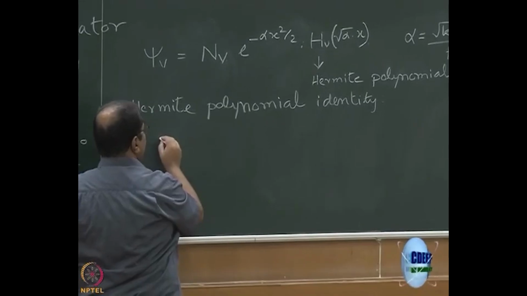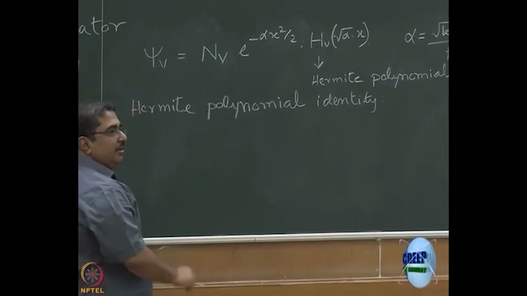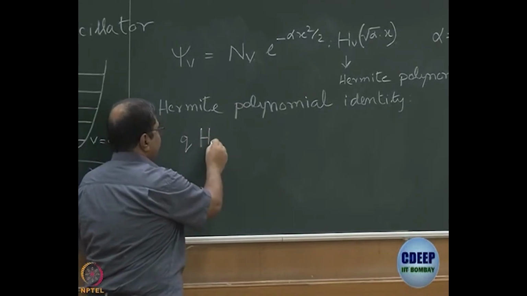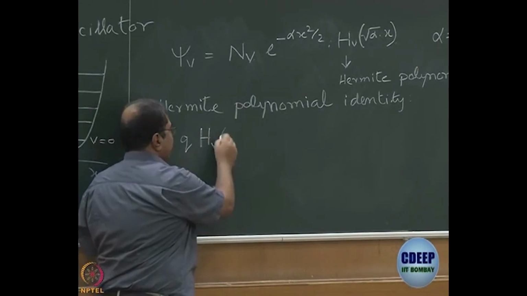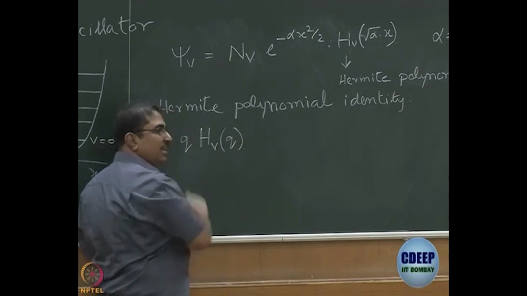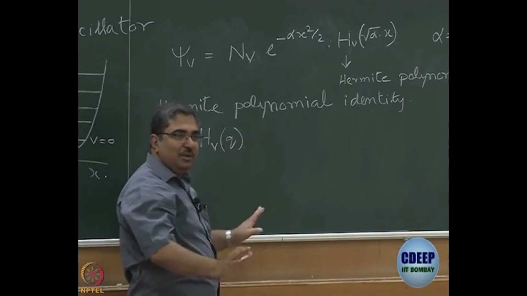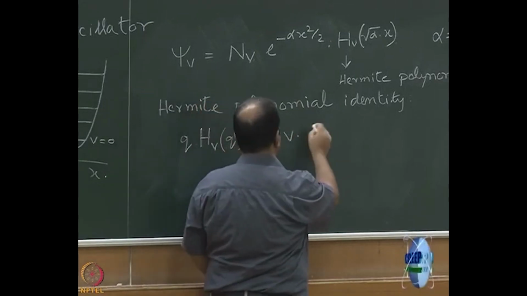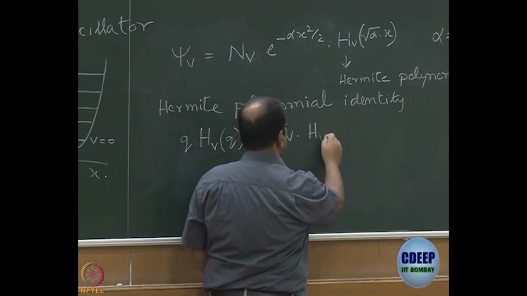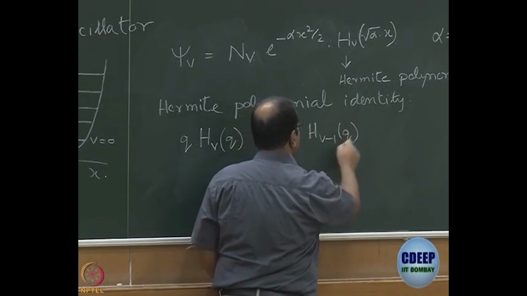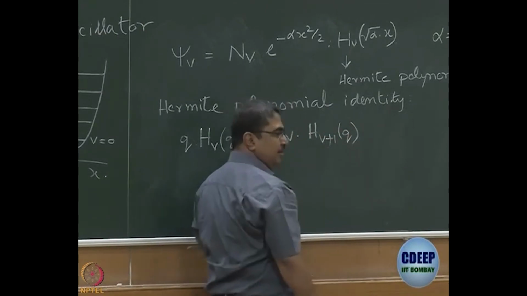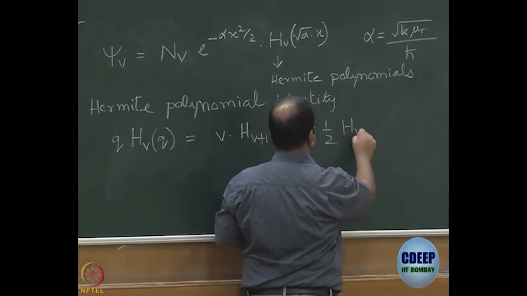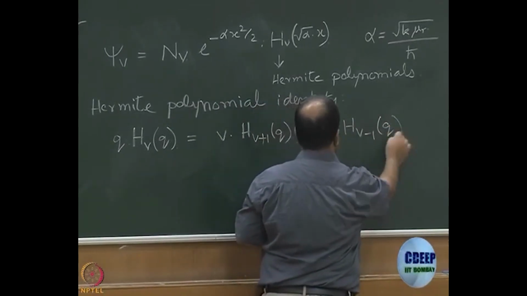Let us say you write it in terms of some variable q. If you multiply a Hermite polynomial in q by the variable itself, then you get, now you are getting used to this, v multiplied by H v minus 1 q, I think it is v plus 1 q, not that it matters, plus half H v minus 1 q.